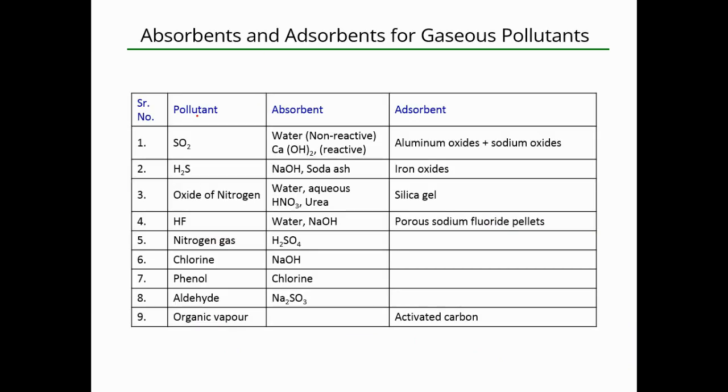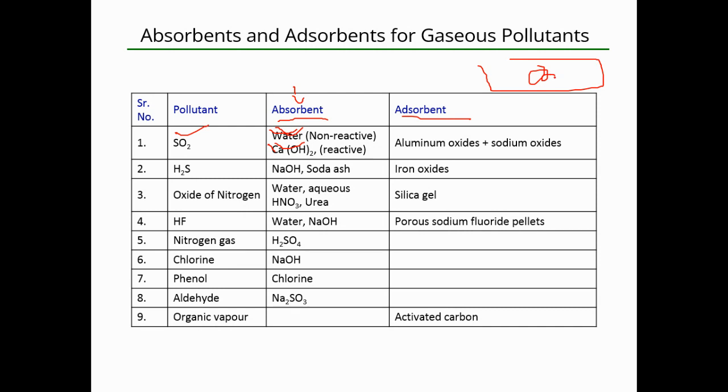So for different gaseous pollutants, these are the absorbents that can be used, and these are the adsorbents that can be used. See here, for SO2, sulfur dioxide, water and calcium hydroxide, these are two types of absorbent or liquid substance that can be used in the spray tower or the scrubber. This is for absorbent, and in case of adsorbent, that means packed tower.